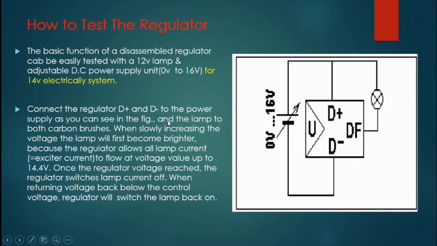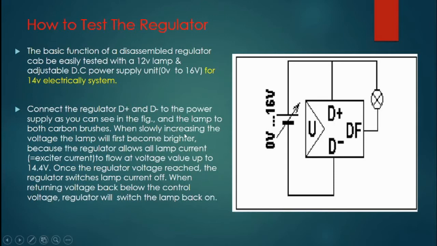Now what you have to do is increase the voltage of this battery. So what will happen? Connect the regulator D plus and D minus to the power supply, as you can see in the figure, and the lamp to both carbon brushes.